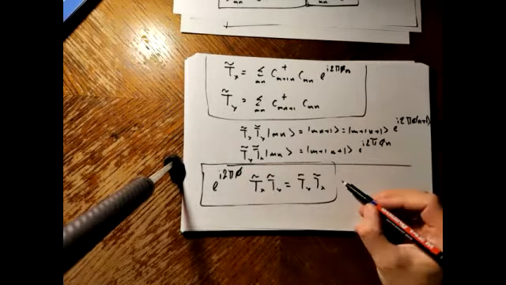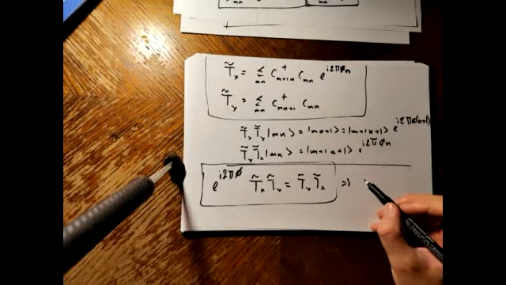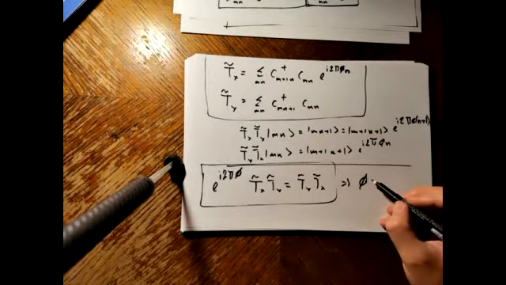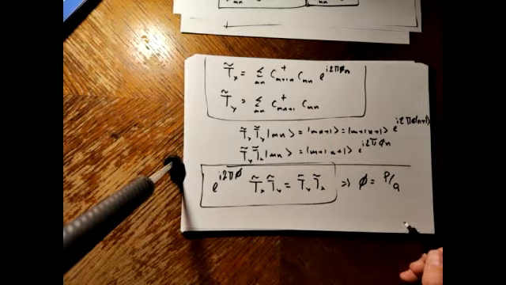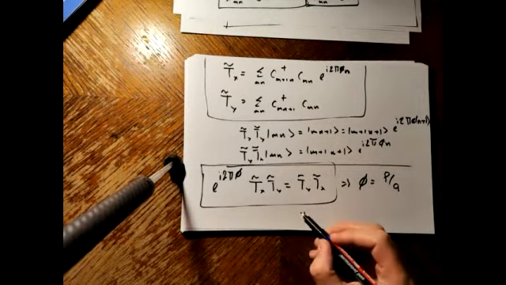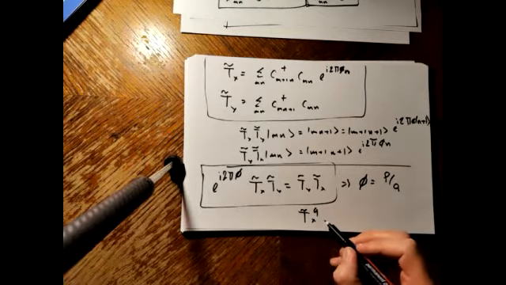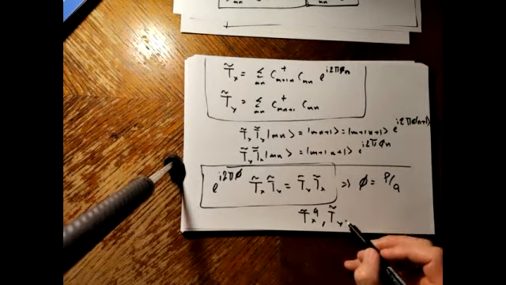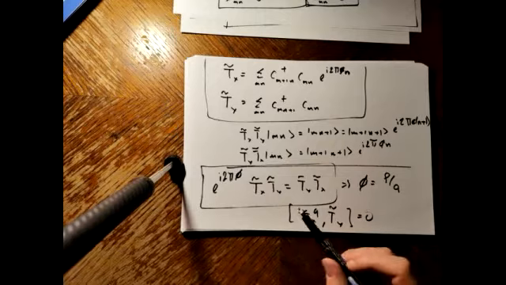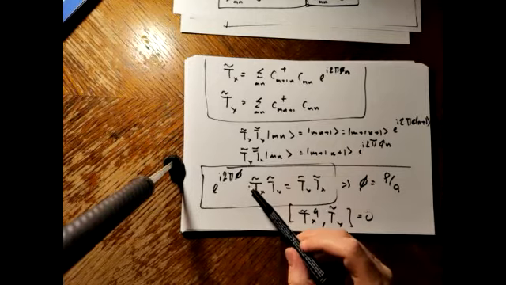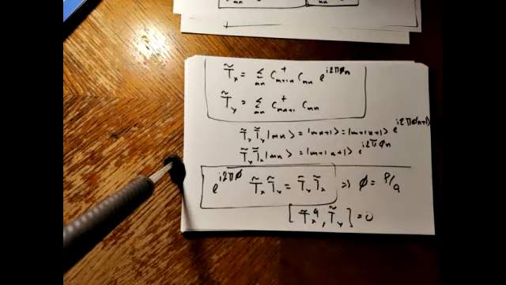But it's obvious that if I choose phi to be p over q, where p and q are co-prime integers, then Tx tilde to the q will commute with Ty tilde. This shifts my lattice by units in x and y directions.